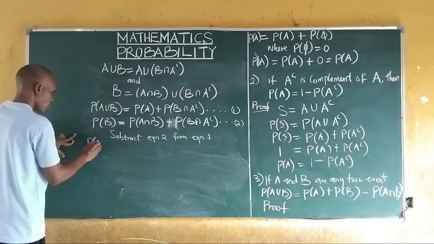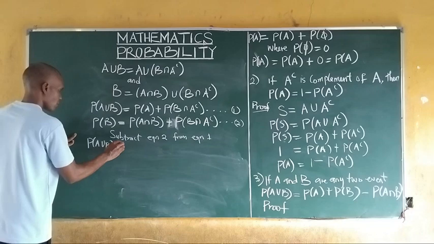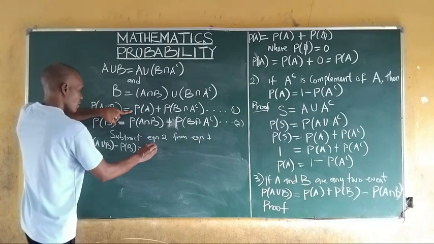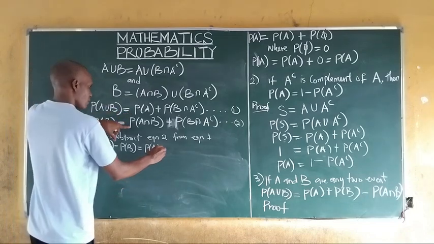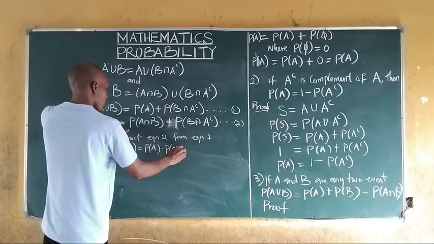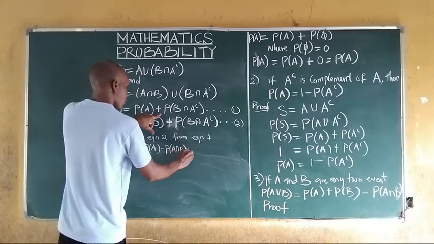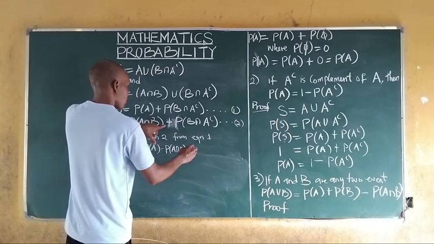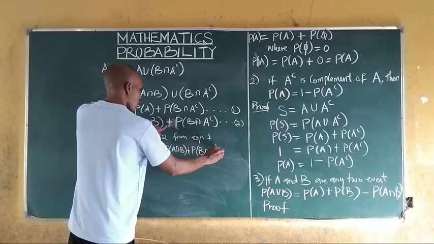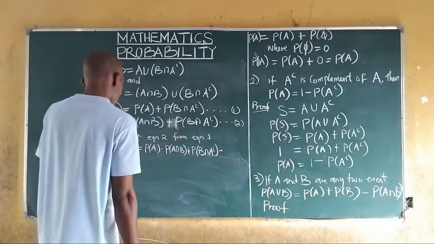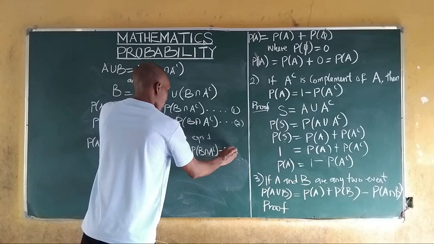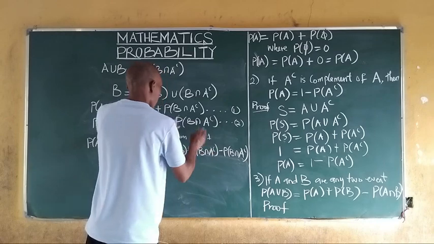The probability of A union B minus the probability of B is equal to the probability of A minus the probability of A intersection B plus the probability of B intersection A complement minus the probability of B intersection A complement.